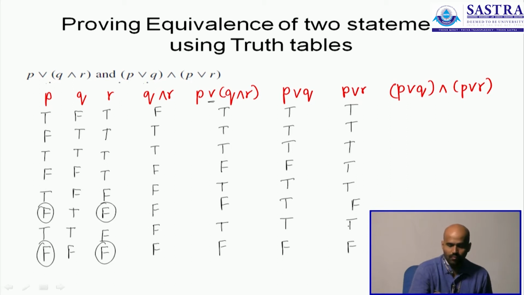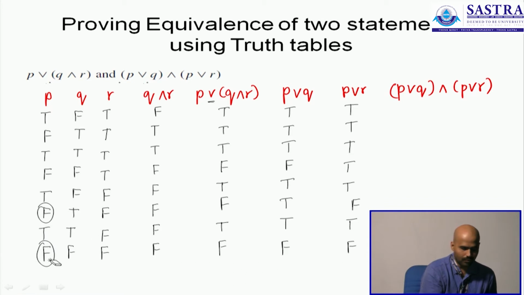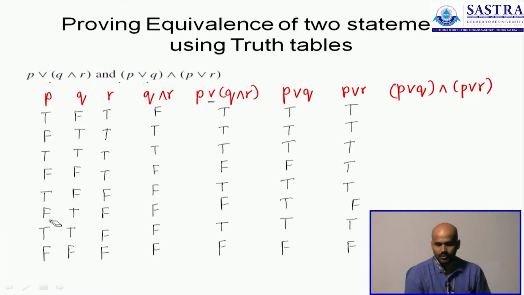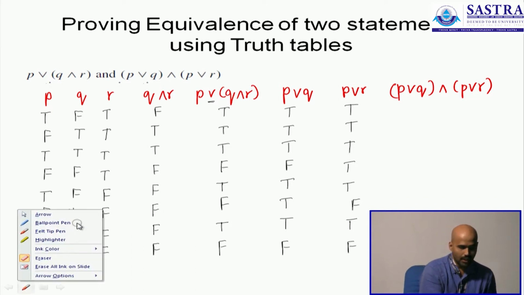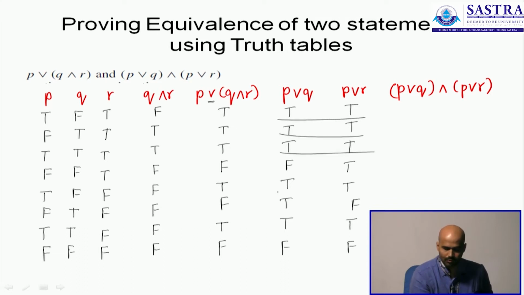And now we are supposed to do a conjunction between columns 6 and 7. It's a conjunction. You know how a conjunction works? It takes up a true value only when both are true, and both are true only in rows 1, 2, 3, 4 and 5.